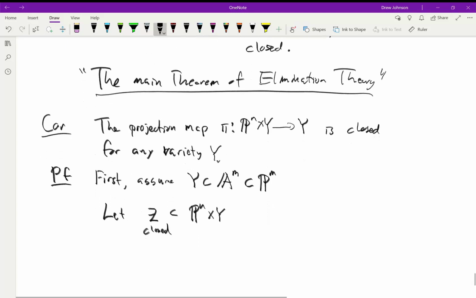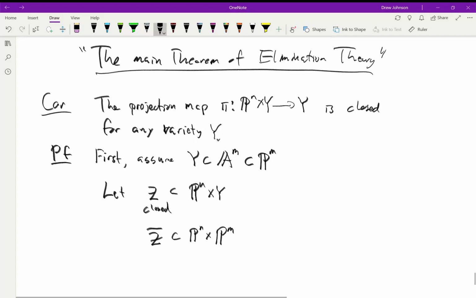And then let's also think about the closure of Z in P^n × P^m, where I'm thinking of Y being included in P^m as we said, then you can take the closure of Z there.